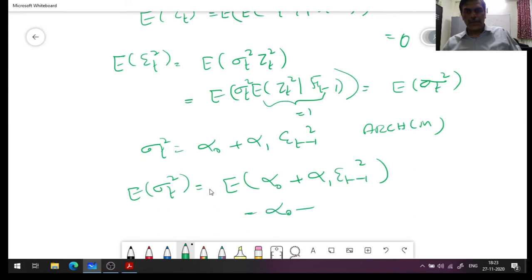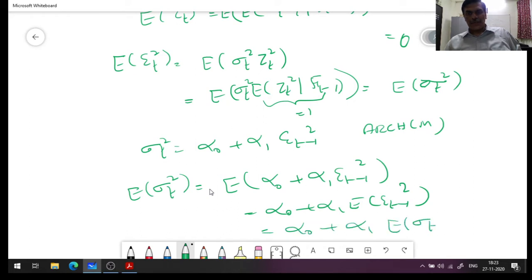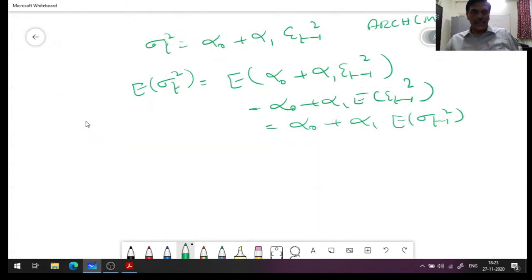This is alpha_0 plus alpha_1 times the expectation of epsilon_{t-1} squared, which we have already seen is the expectation of sigma_{t-1} squared. So you get alpha_0 plus alpha_1 times the expectation of sigma_{t-1} squared. Assuming stationarity, the expectation of sigma_t squared is alpha_0 upon 1 minus alpha_1, which is the same as the marginal variance.